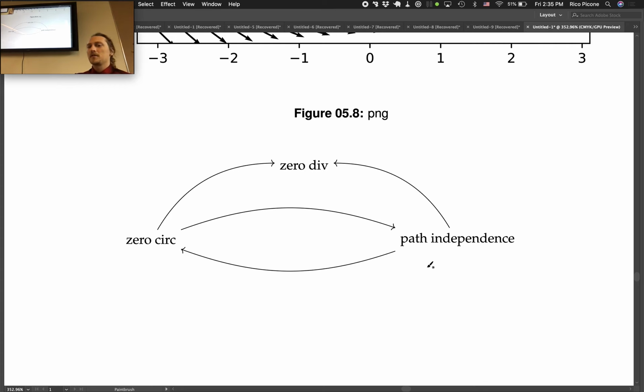If there's zero circulation, the line integrals are path independent. Zero circulation implies zero curl. Path independence implies zero curl. It does not go the other way, though. You have to have something more: you also need a simply connected region. So we can't go back unless there's a simply connected region. I didn't quite know how to put that on this diagram.